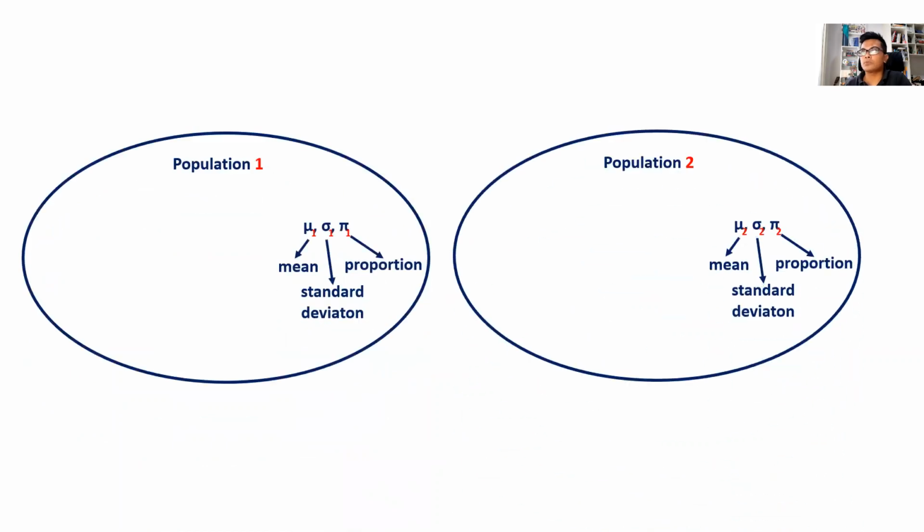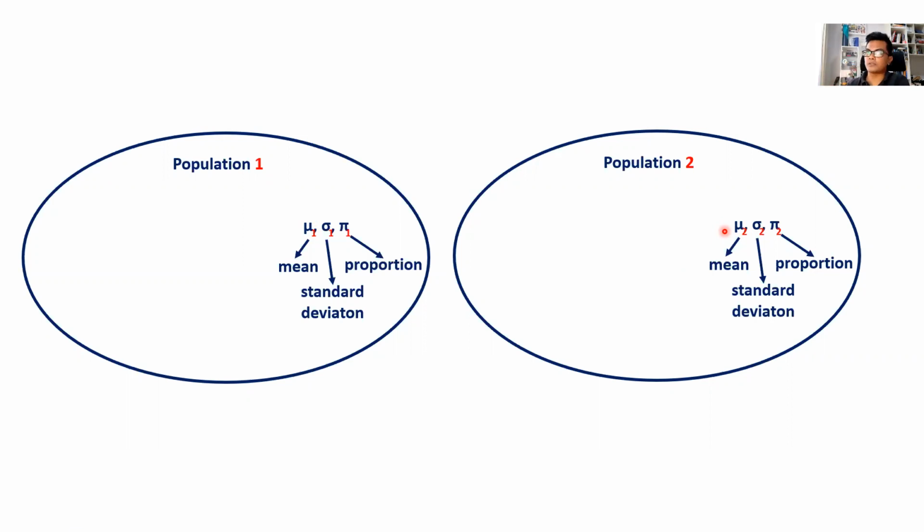We have two different populations, and we have the hypothesized mean value of each population. We want to test whether the mean of population 1 and the mean of population 2 are similar, or whether the mean of population 1 is larger than population 2, or whether the mean of population 1 is smaller than population 2.